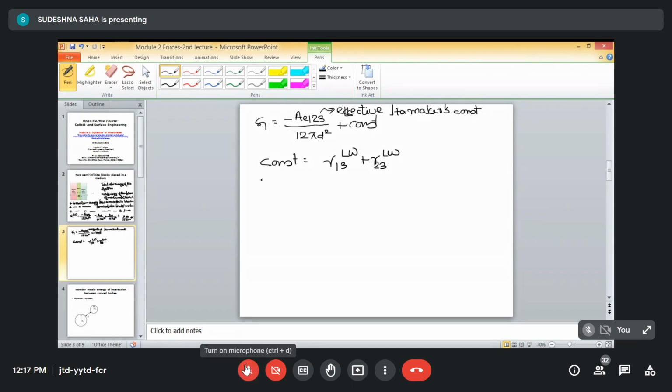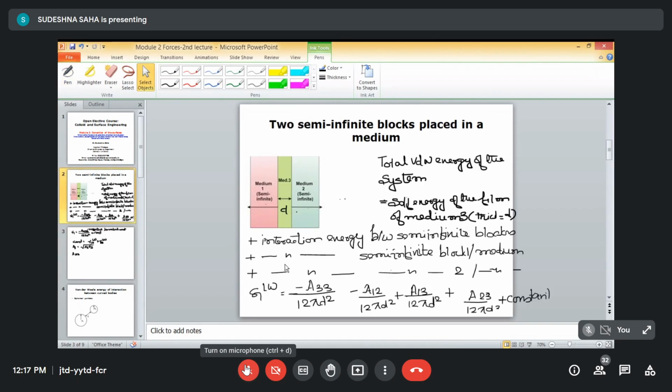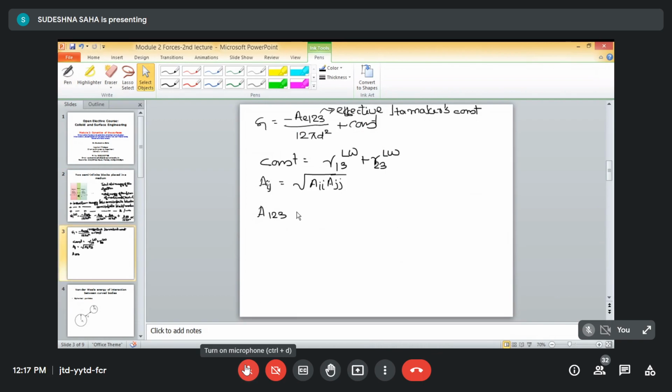Also, we have previously derived this equation where we have seen that Aij, that is the Hamaker constant of two dissimilar materials, we can write in terms of Aii and Ajj, square root of that. And if we replace this over here, we can obtain A123.